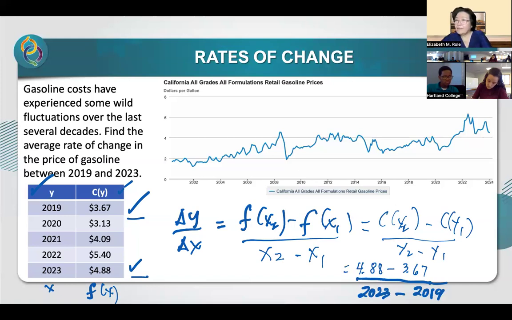So what's the average rate of change in the price of gasoline? What's your answer? 0.3025. All right. I erased it.